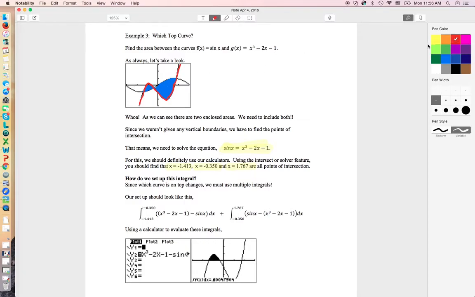So the other function here is our sine function. It should be clear to you, but I'll just draw it in. Our sine function is on the bottom in the first region, but on the top in the second region.